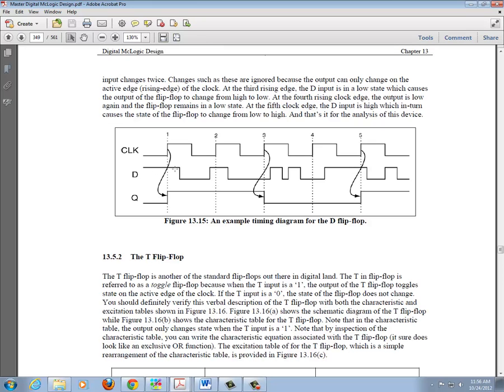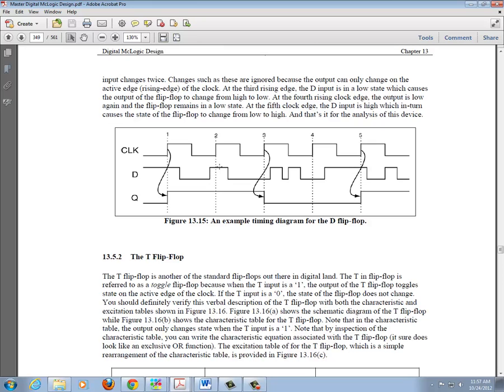D is 1. So Q is going to become 1 because D was 1. So we make Q 1, and it's going to stay 1 until the next clock edge. So even though D is dipping down right here, Q is not going to dip down because it's only evaluated at the clock edge.